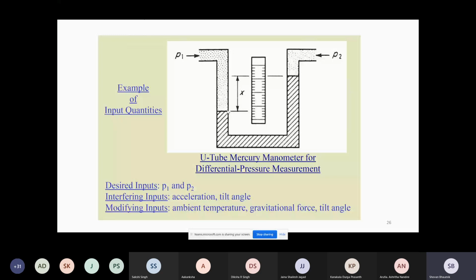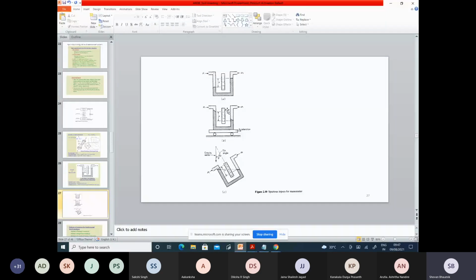So what is the takeaway? The takeaway point is that although we need to have some desired input, we have some interfering and modifying inputs which are affecting the output. So by seeing the output, if you calculate the input, it will be erroneous because the modifying and interfering inputs come into the picture.